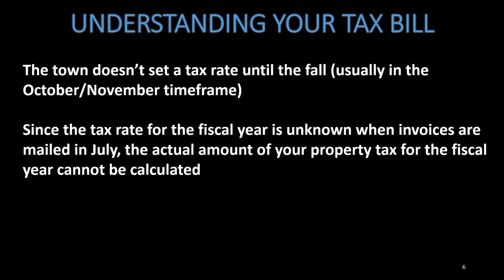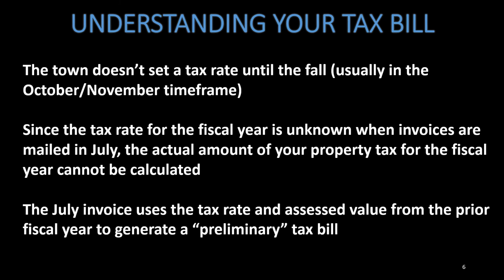Since the tax rate for the fiscal year is not known when the July invoices are mailed to you, the actual amount of your property tax for the fiscal year cannot be accurately calculated. Thus, the July invoice uses the tax rate from the prior fiscal year, along with your assessed value from the prior fiscal year, to generate a preliminary tax bill for the current fiscal year.